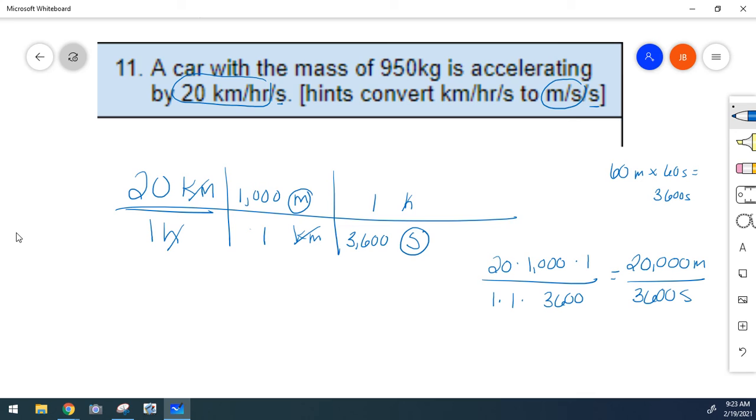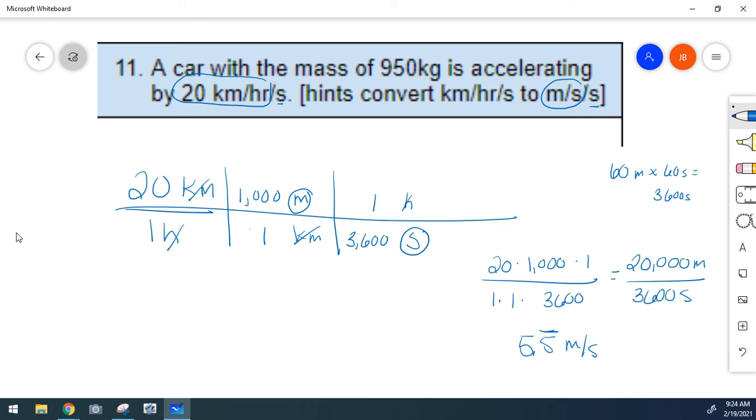So now I have to divide that, and that will give me 20,000 divided by 3,600. All right, so that looks like it's going to give me 5.5 repeating meters per second, and then this is going to be obviously per second.